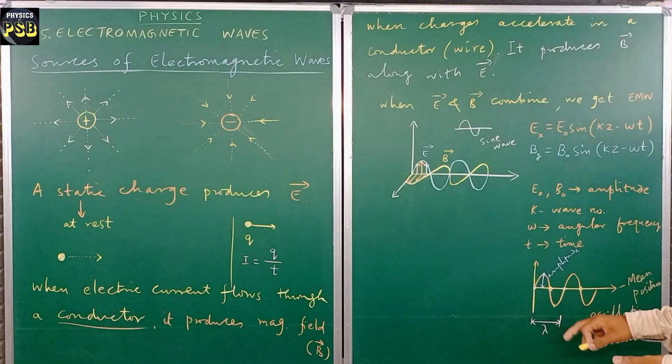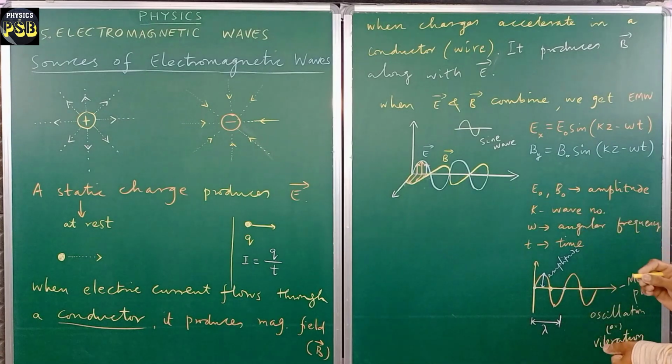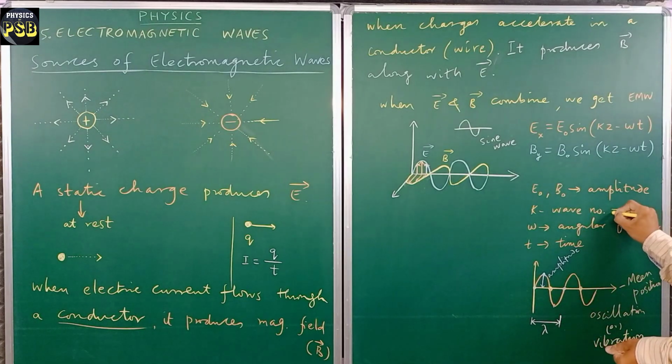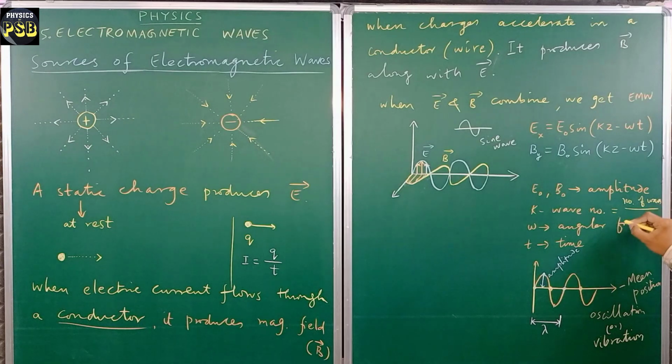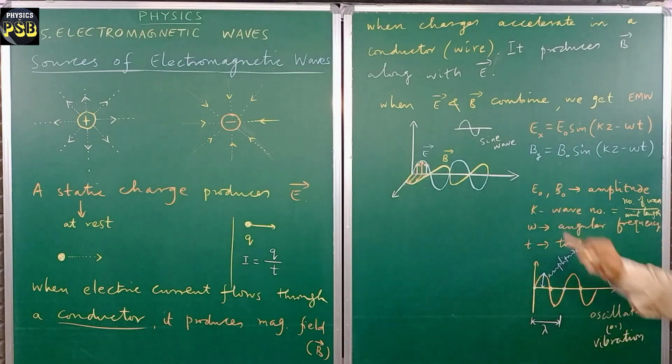Then wave number. Wave number is nothing but the number of waves in a given length. Number of waves per meter is referred to as wave number.